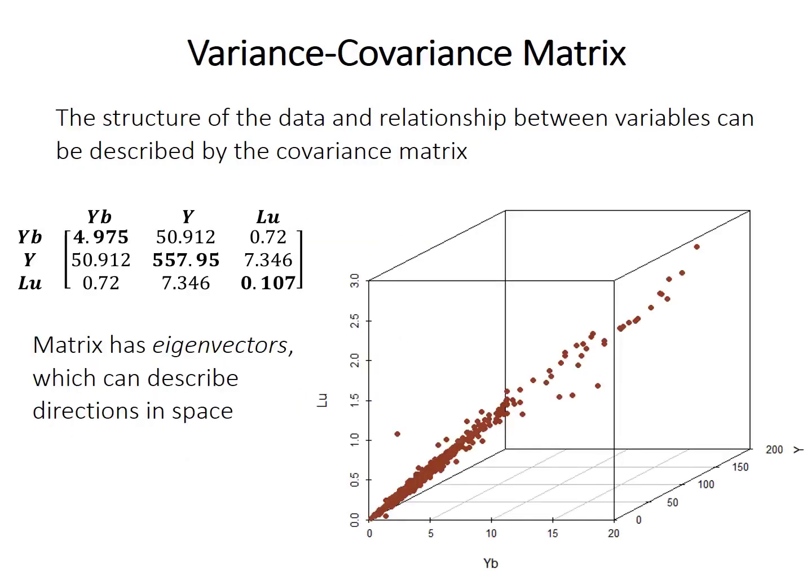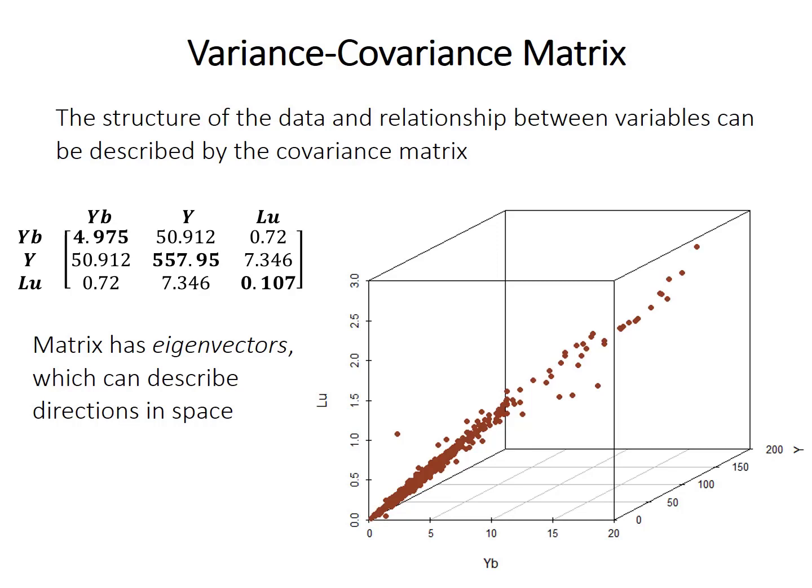Okay, so one way to describe the structure of the data, the relationship among the variables, is with this variance-covariance matrix. It gives the variance of each measurement as the diagonals in bold in the example here, and the covariance between all the pairs of variables. This particular matrix, like all matrices, has properties called eigenvectors. And you may remember from the previous videos that vectors can be used to describe directions in coordinate space.